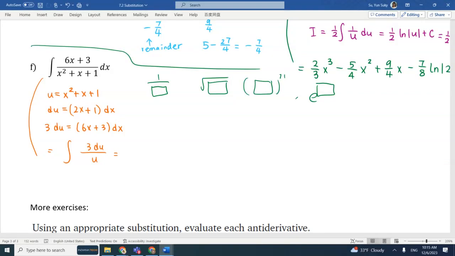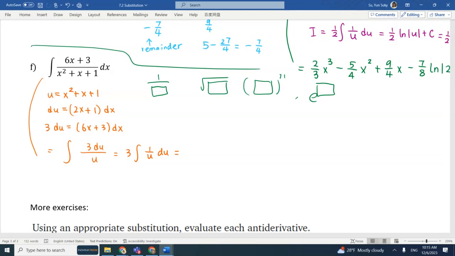So now we move the 3 outside, and put the du at the end. You can jump to this step if you always remember to put the coefficient in front of the integral. The du is always at the end, and then this inside function becomes 1 over u.